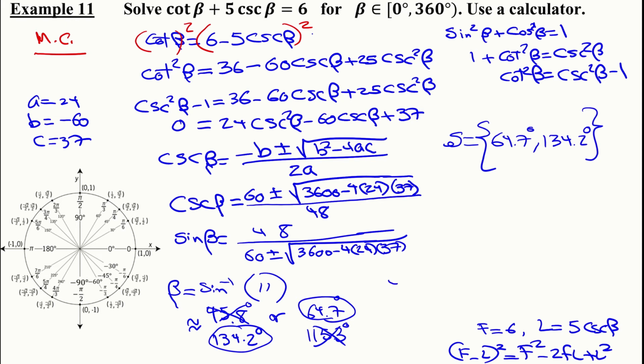So we say 45.8 degrees and 115.3 degrees are extraneous solutions, which basically means they're not solutions. All right, so these are the only two that work, and we are done with that one.